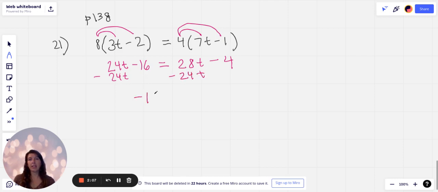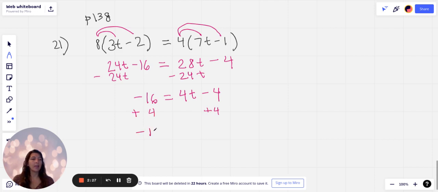So I'll have negative 16 equals 4t minus 4. And now I want my constants. I have my t on this side, so that means I want my constant on this side. So I'm going to add 4 to both sides.